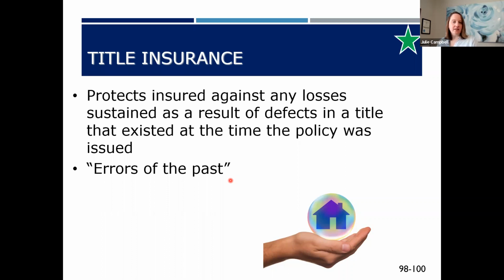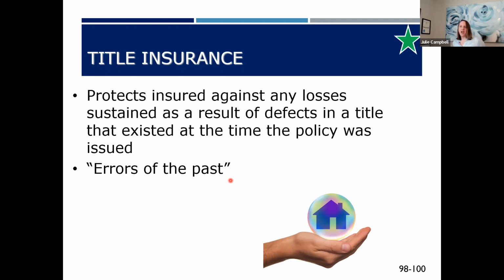The mechanics lien that we talked about earlier. No way we could have known that the seller owed money to mechanics because it wasn't recorded yet. Because the mechanic has 120 days to file from when the work ended. So title insurance protects the owner from errors of the past.